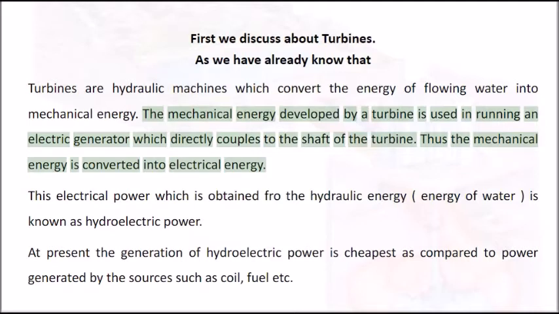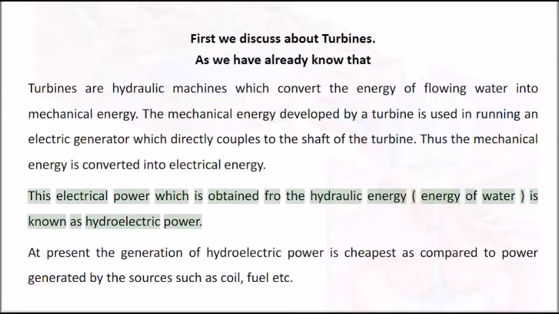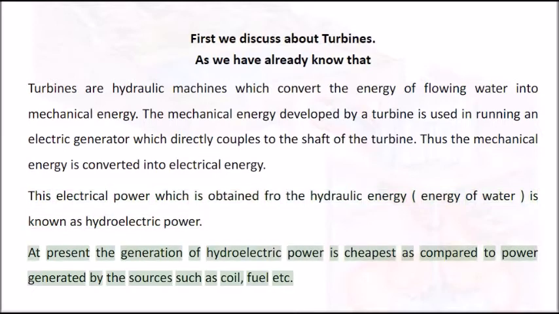Thus the mechanical energy is converted into electrical energy. This electrical power, which is obtained from the hydraulic energy of water, is known as hydroelectric power. At present the generation of hydroelectric power is cheapest as compared to power generated by sources such as coal, fuel, etc.